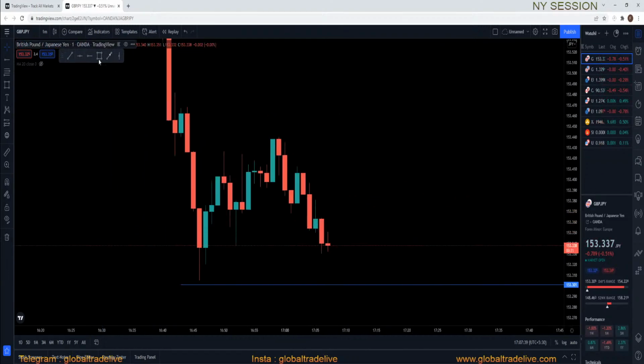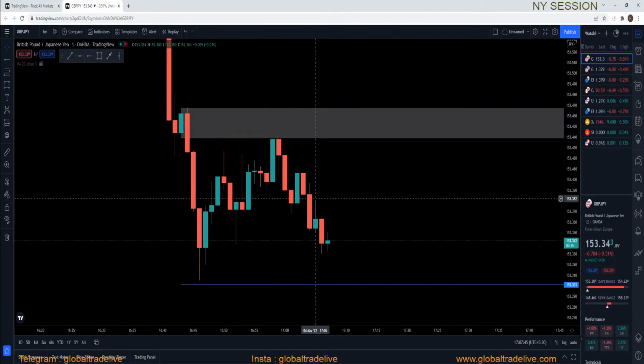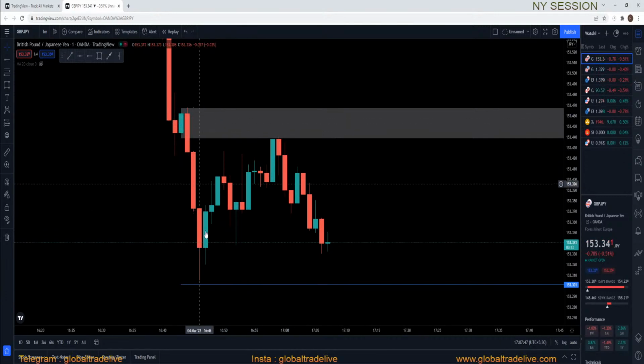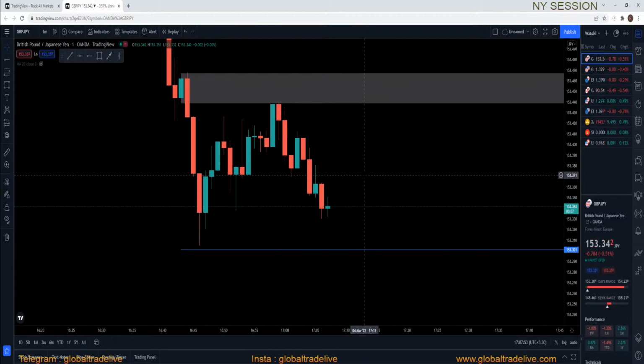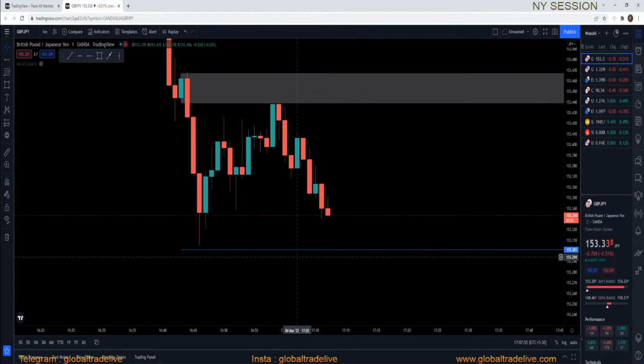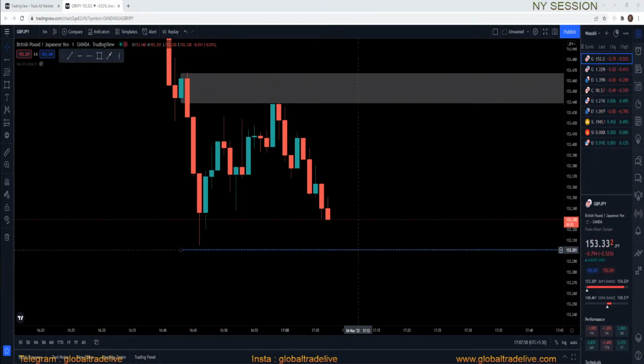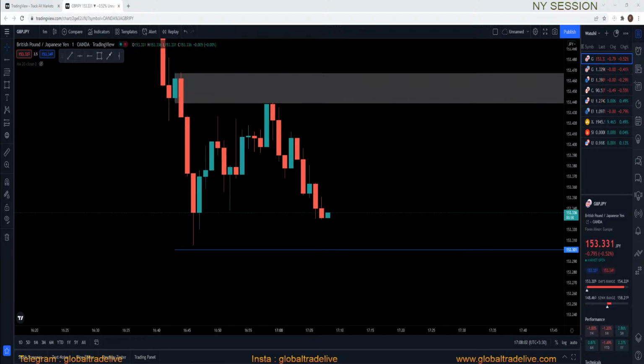Basically what happened over here is there was a POI at this point. This was the POI. The market went down, went inside the POI again, and after testing this POI, it's coming down again. So if we have a candle breaking this price, then definitely that can be a really nice trade.